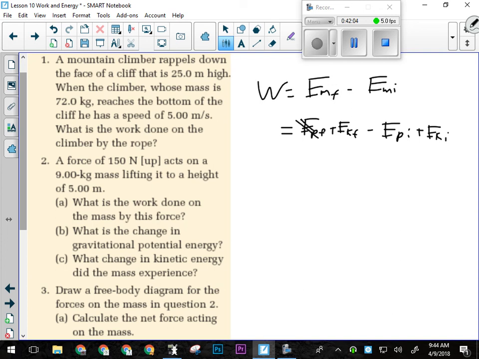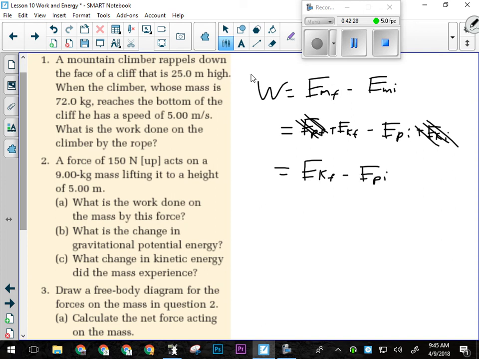My final potential is 0, so I can get rid of that. And which other one can I cancel off here? Initial kinetic. I'm not moving initially, I'm just kind of hanging over the cliff. So in the end, this just comes down to my final kinetic minus my initial potential.